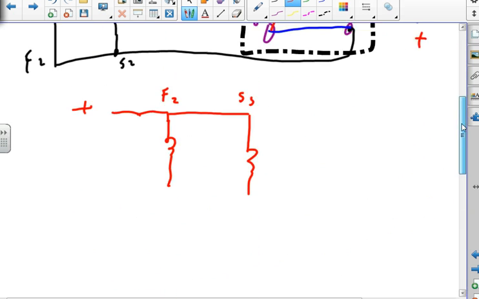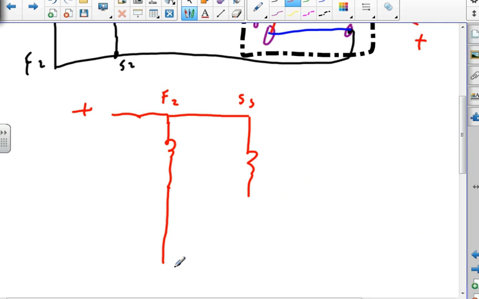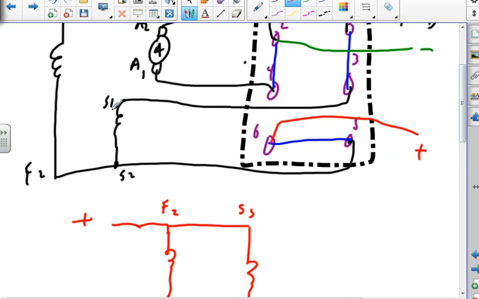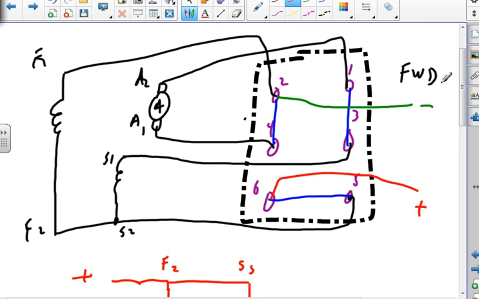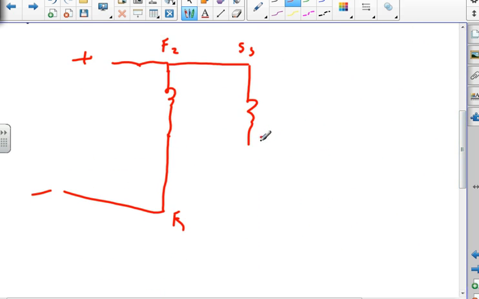So F1 is going to negative. S1 is going to A2. So S1 is hooked up to A2, which is hooked up to A1, which goes back to negative. So that's how I'm hooking up my compound motor to go forward.